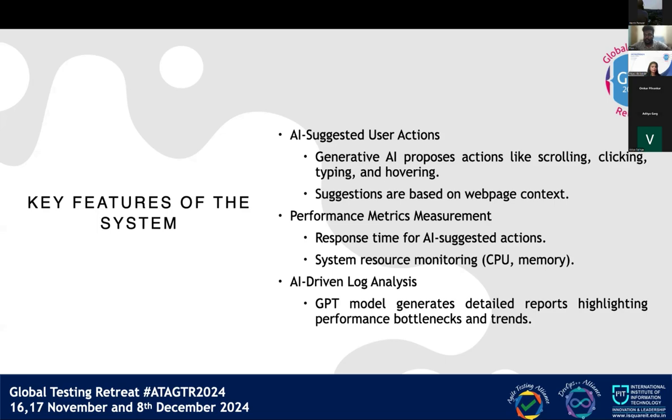Next, performance metrics are measured while performing these actions. Finally, the logs from the test are analyzed by AI itself. Instead of giving raw data, we summarize the report, highlighting the slowest actions and the performance optimization needed. So this is an end to end process from generating actions to analyzing results.